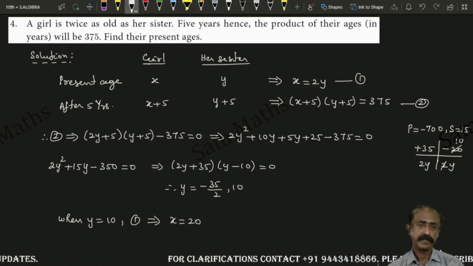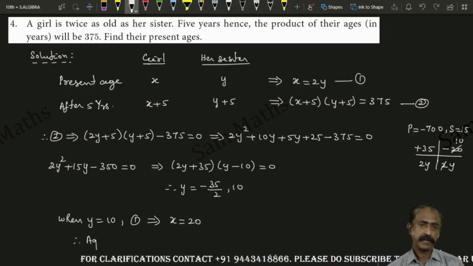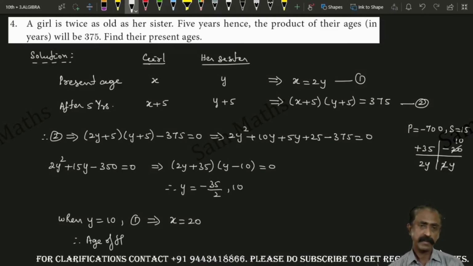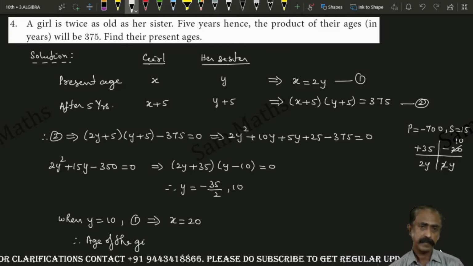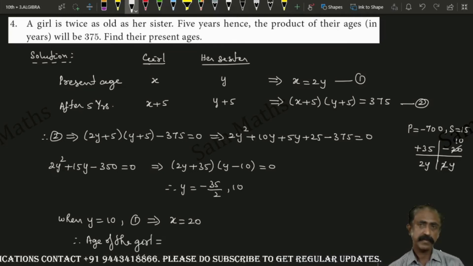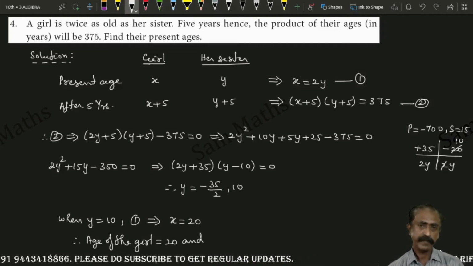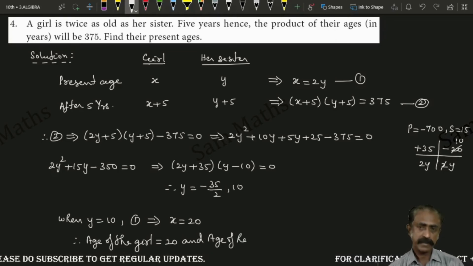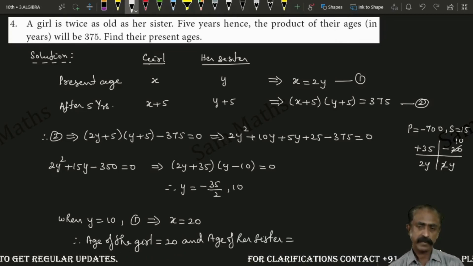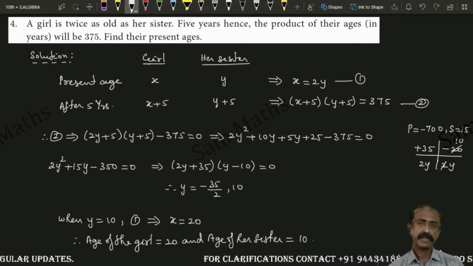Therefore, age of the girl is equal to 20 and age of her sister is equal to 10. These are the required ages.